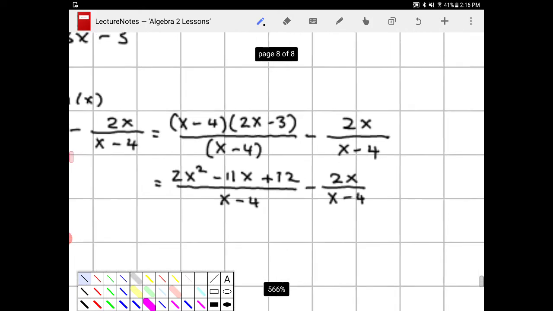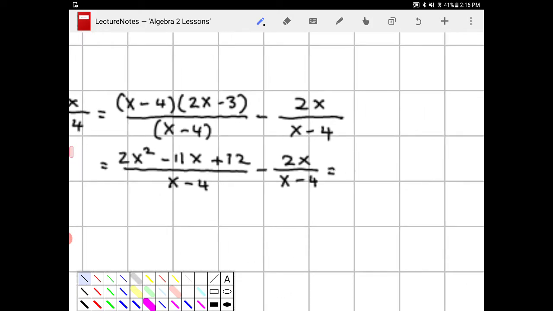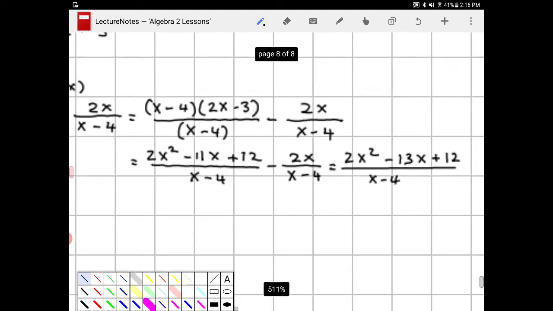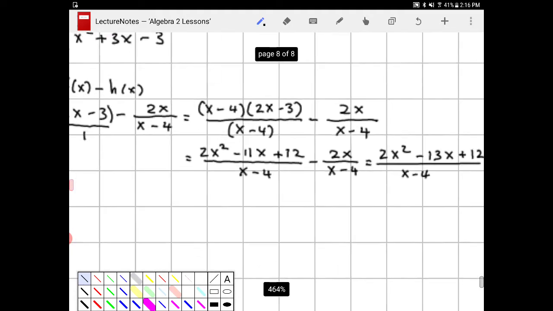Since I have two fractions with the same denominator, I can place this all on top of the same denominator. I can then subtract and combine like terms. So I have 2x squared, the negative 11x minus 2x becomes minus 13x, and plus 12. There you have it. All right, moving on.